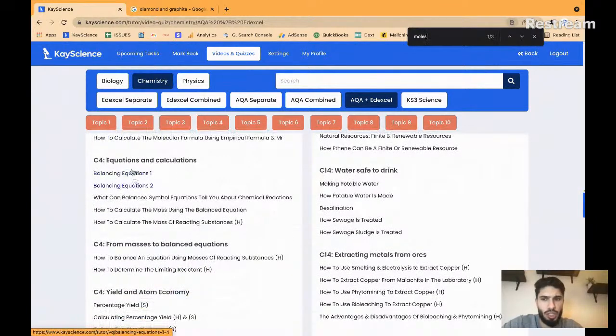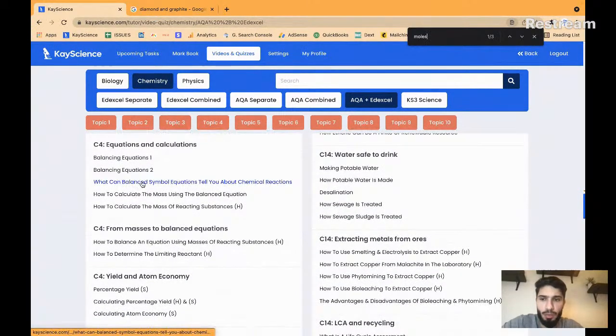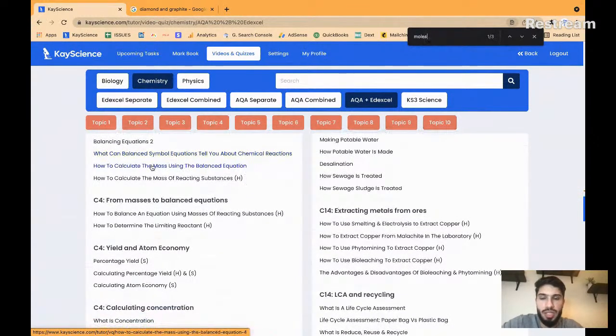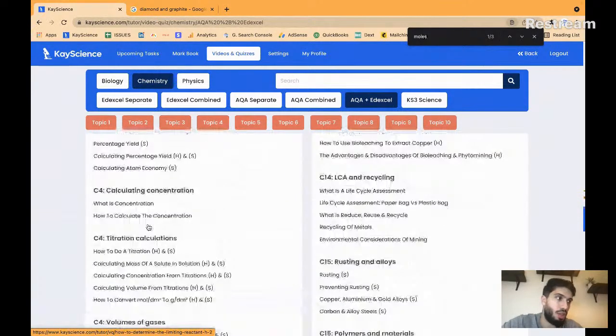I'm not going to do balancing equations. You can go onto the website and watch that yourself before. I'm going to expect you to know how to balance equations. What can balanced symbol equations tell you about chemical reactions? And then how to calculate the mass using the balanced equation. That's what we're going to work on next week. There's a lot more that we can go through, but there's not enough time to do that.